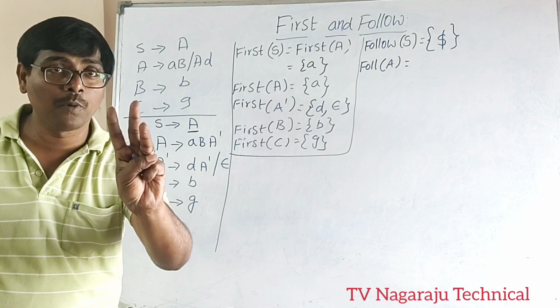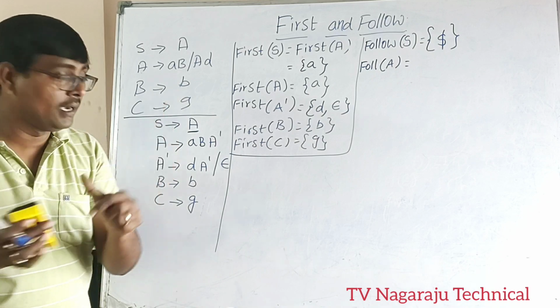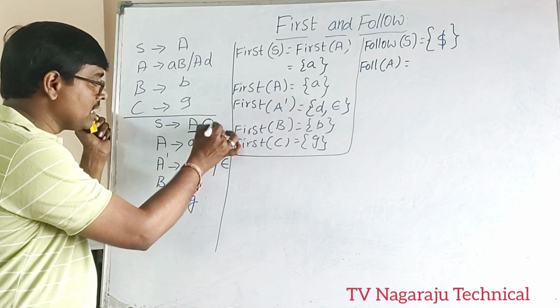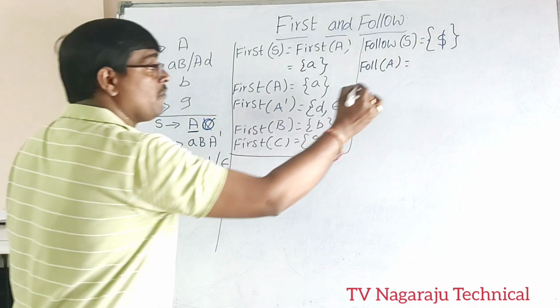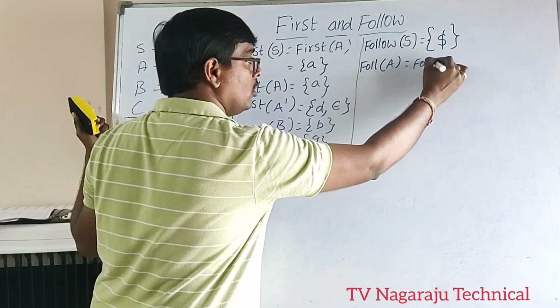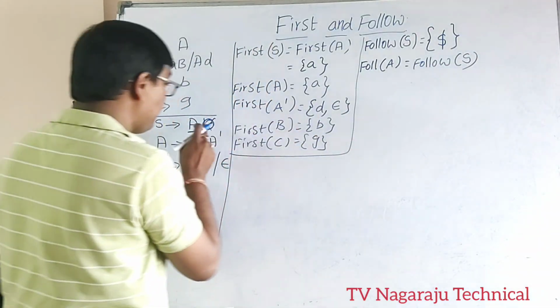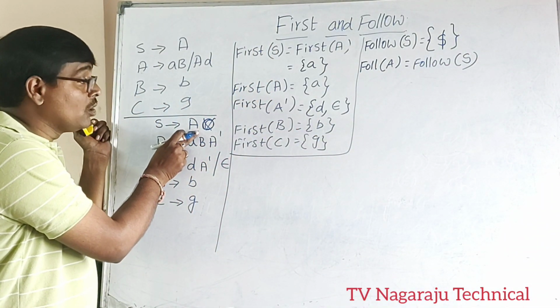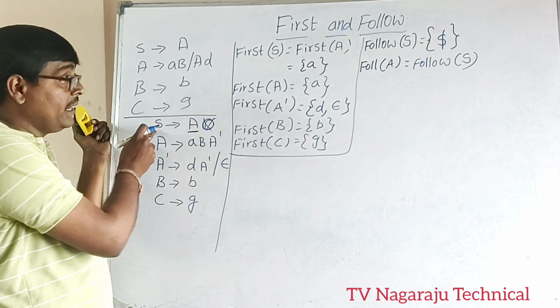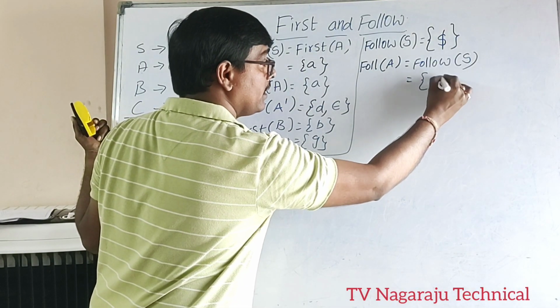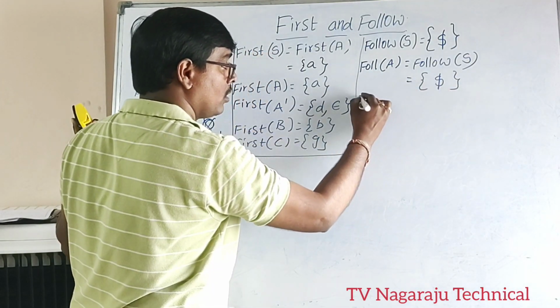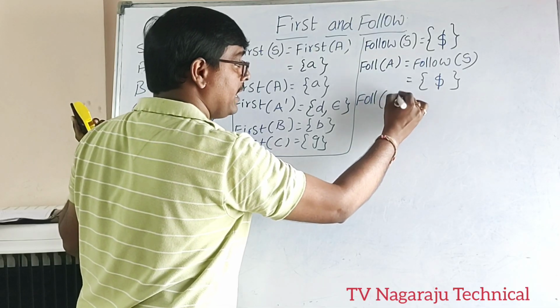Remember the three most important points: after a non-terminal, if nothing is there, simply the follow of the symbol is the follow of its parent. So follow of A is follow of S, which is dollar.